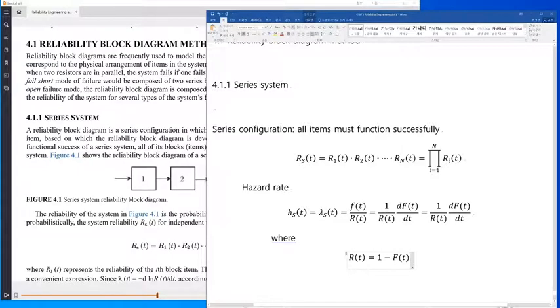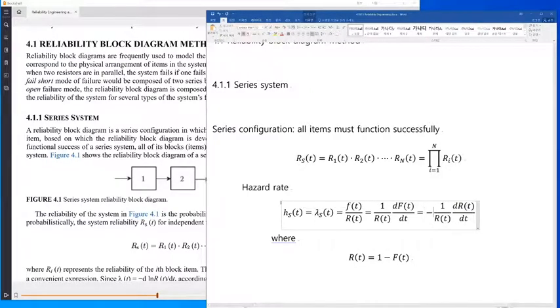So if we differentiate both sides, it can be found that dF/dt equals minus dR(t)/dt.